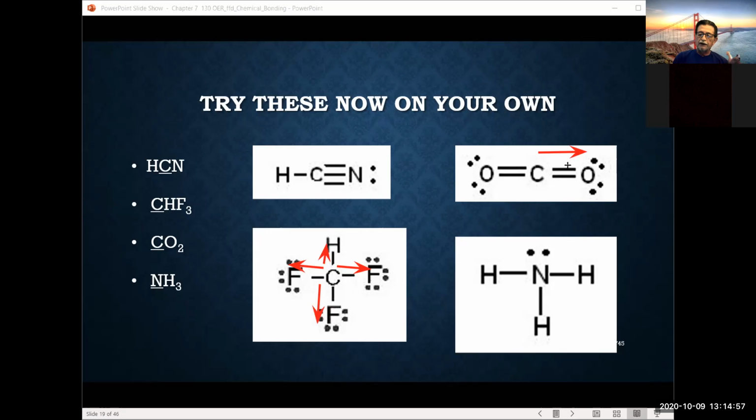And it occurs from right to left, but it also occurs on the other bond, in the opposite direction. So these arrows are pulling in opposite directions. Because of that, the polarity on the right side cancels the polarity on the left side. So the net result for carbon dioxide, even though it has polar bonds, is that the polar bonds cancel out, so carbon dioxide is a nonpolar molecule, okay?